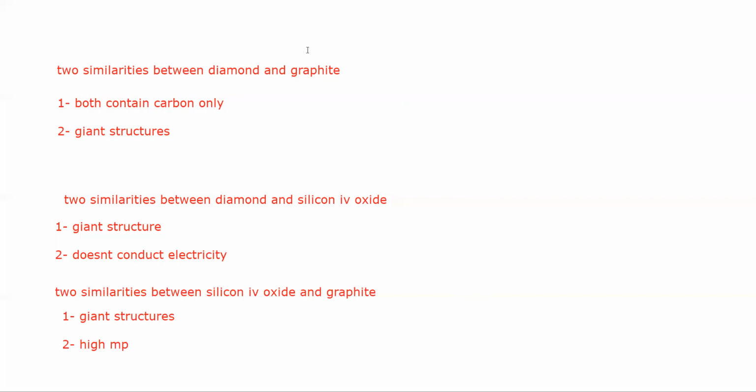But if I say what are the differences, two differences between diamond and graphite, how are they different from each other?